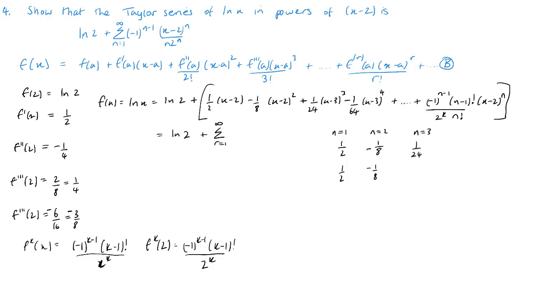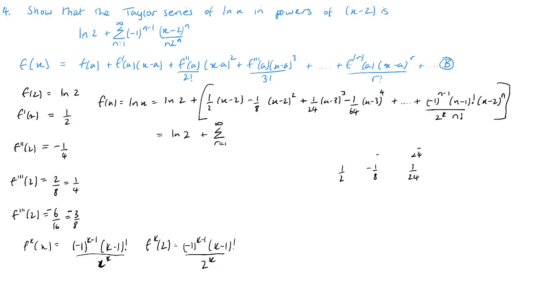And what do we want? We want 1 over 24. So substituting these n values into this is giving us this, as long as I've got this n factorial there. So this now is what should be in my sum.